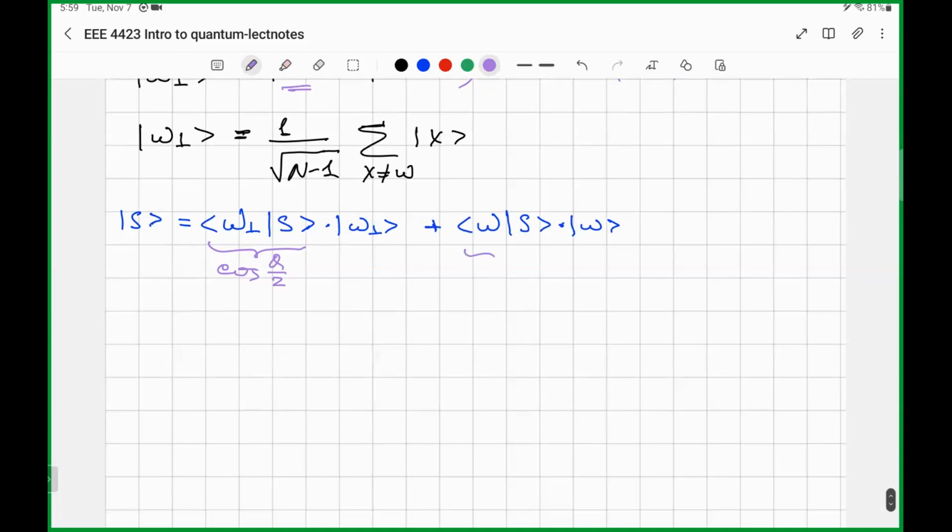And this guy is sine theta over 2, obviously. Okay, so we can represent this like cosine theta over 2 state omega orthogonal plus sine theta over 2 state omega.